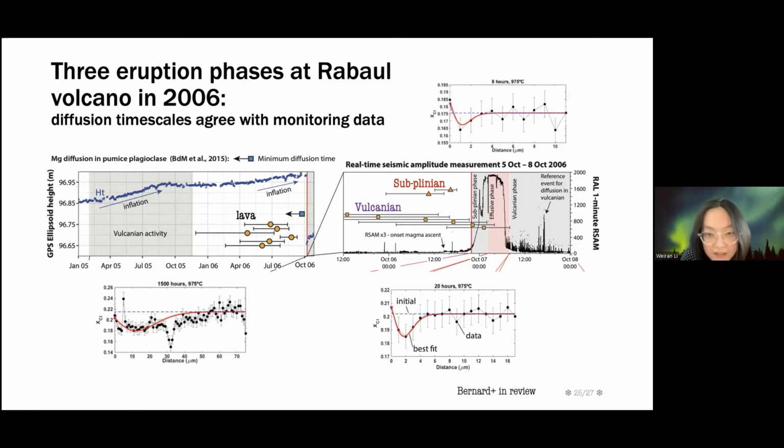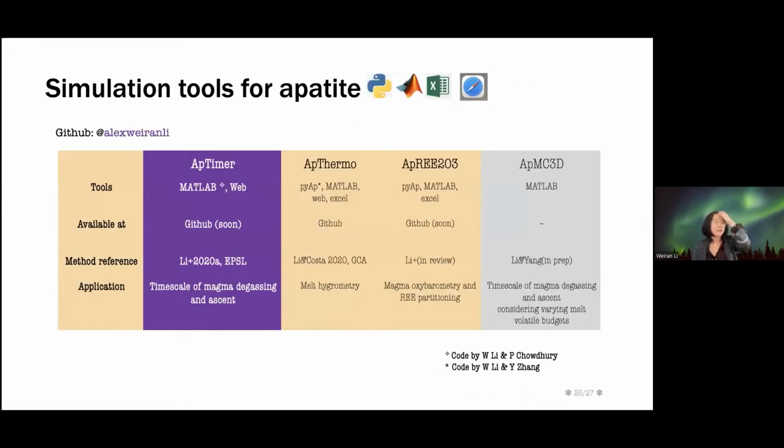And lastly, there's a Vulcanian phase that happened as the 3rd phase of the eruption. For that, we got 20 hours of diffusion timescale, which falls between the timescales we obtained for the other 2 phases. So this shows that the timescales we got from apatite are consistent with what's recorded in monitoring data. So these methods are probably useful.